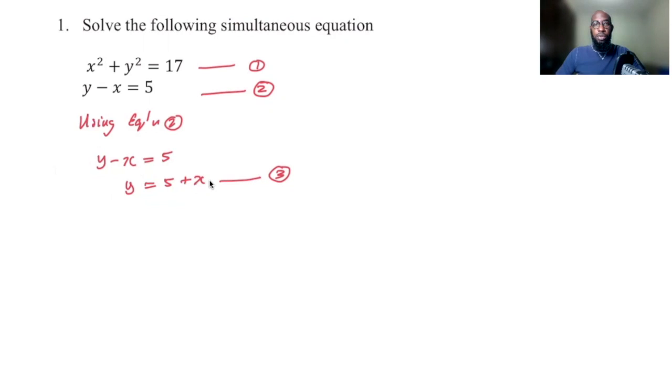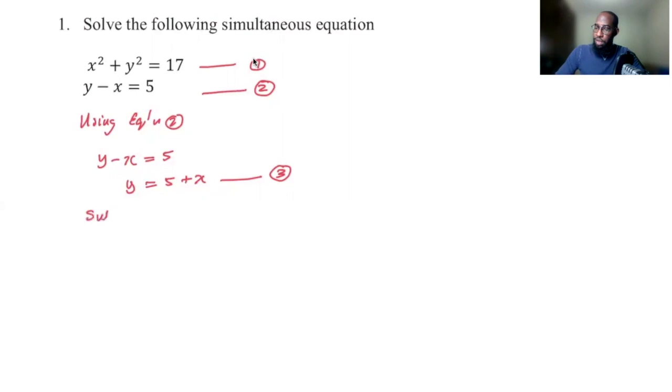I'm going to substitute equation 3 into equation 1. If you use equation 2 and you transpose it to get equation 3, you have to substitute equation 3 into the other equation. In this case, it's equation 1. So I'm just going to write that.